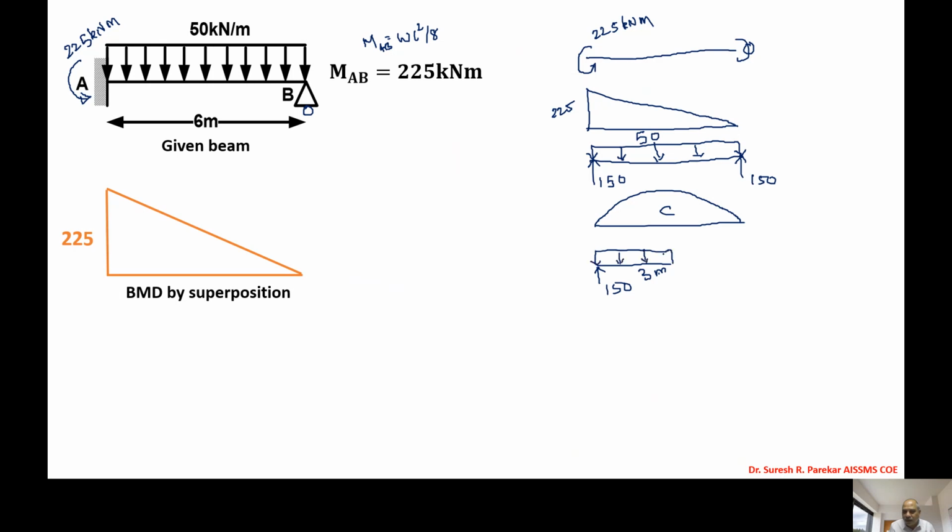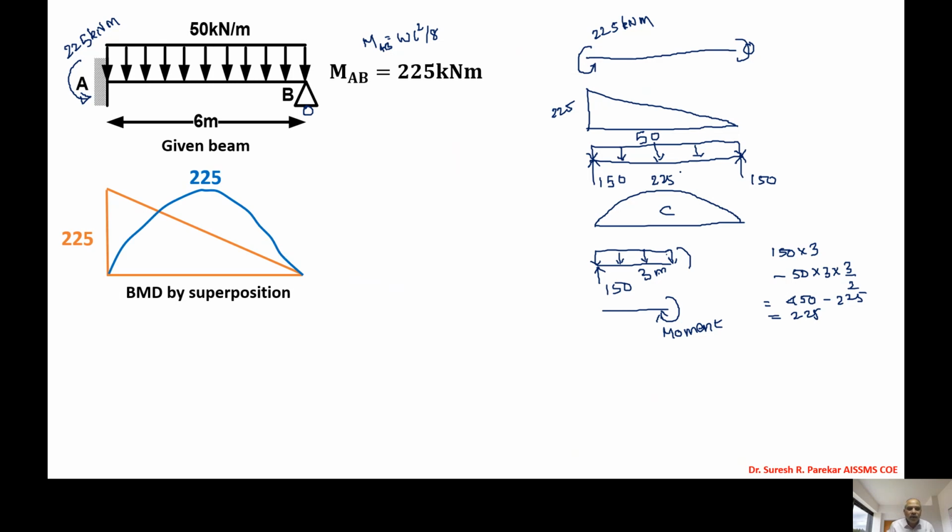From this, if we plot this value, it will be 150 into 3 clockwise minus 50 into 3 into 3 by 2, which is anti-clockwise. So we will get 450 minus 225. So this is 225, but this is clockwise. So I will plot it as clockwise, because we are plotting this due to moment. Then this will go up, and we will have this as 225 plotted by the blue line. So this will be 225 kilonewton meter.